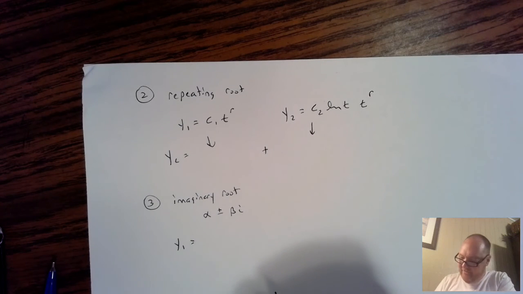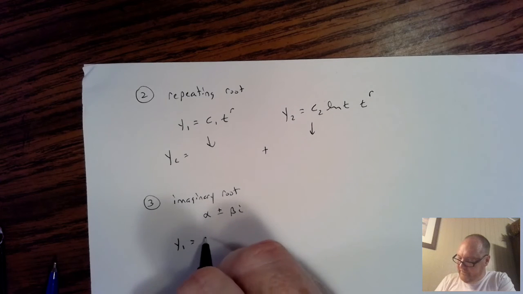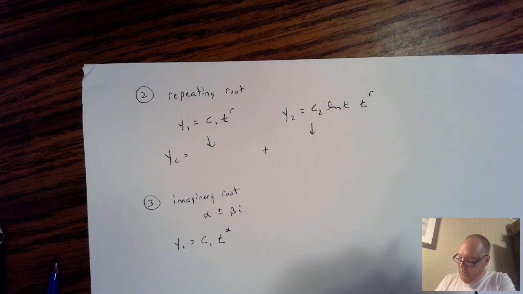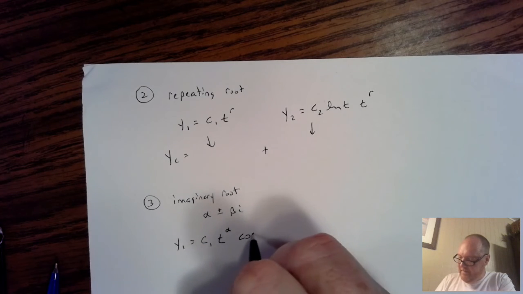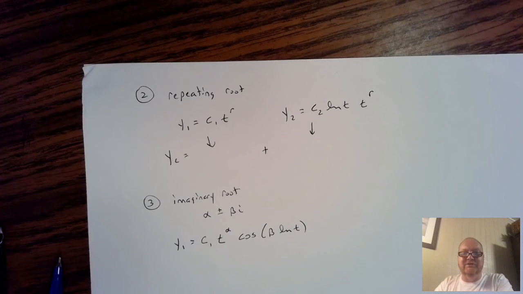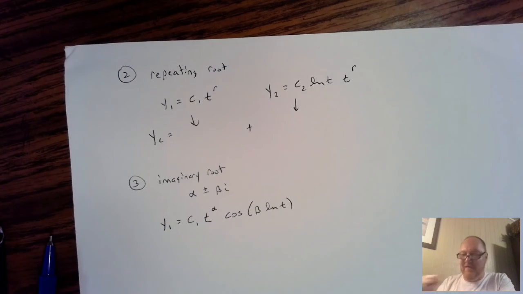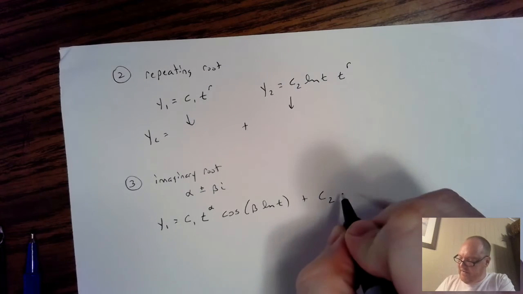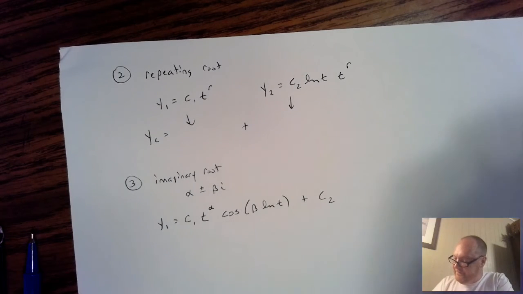So here I'm going to have some constant times t to the alpha cosine of beta times the natural log of t, which looks intimidating, but that's as bad as it gets. Well, let me back up.